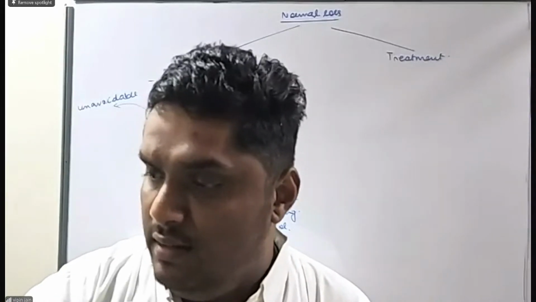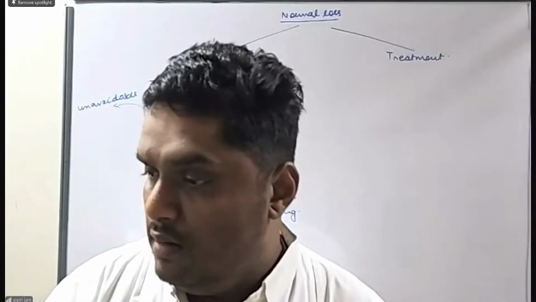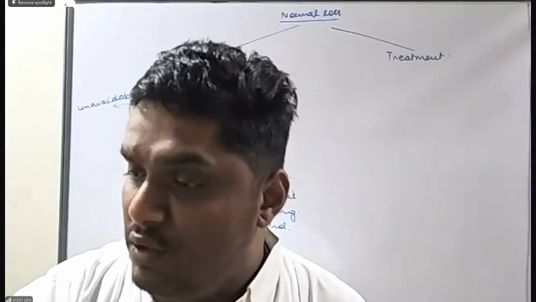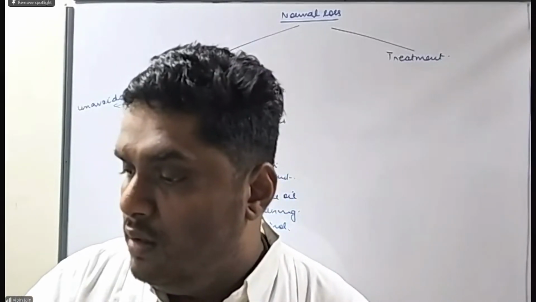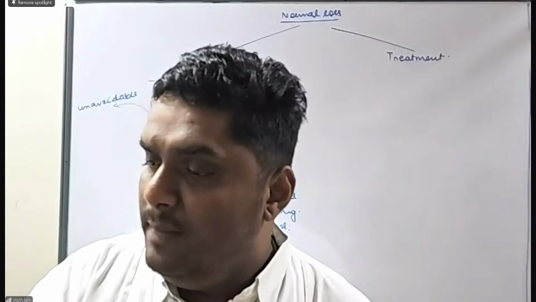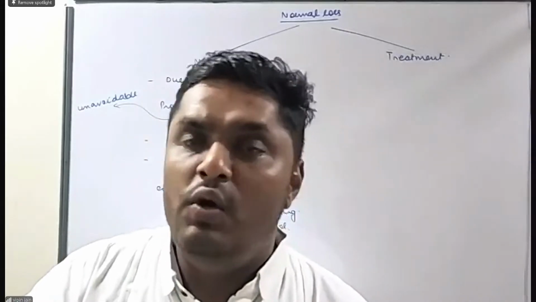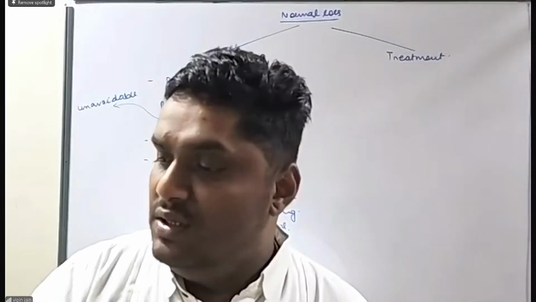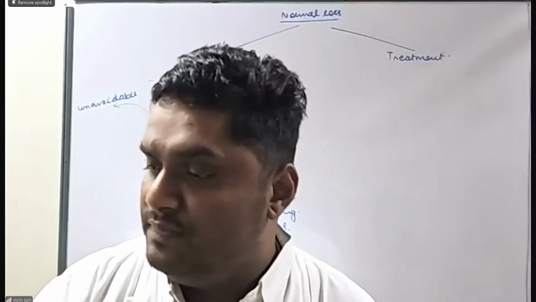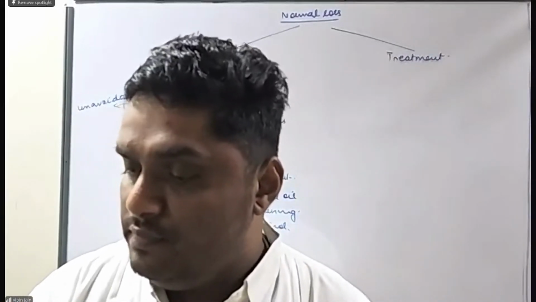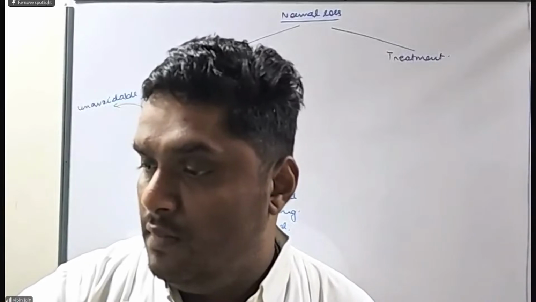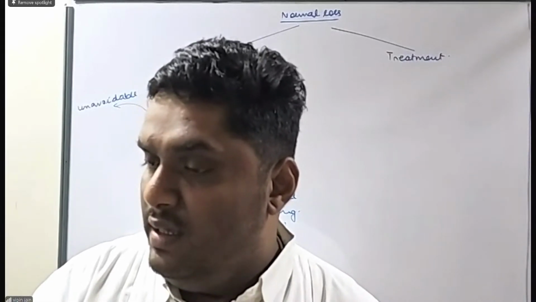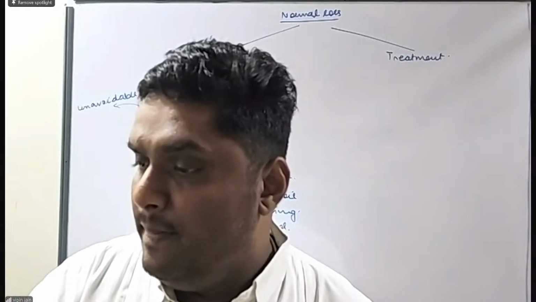Well said. Naveen Kumar, but what is the normal loss? Yes, Samohini. During the course of loading and unloading of vegetables, a certain percentage is waste. So we can say that is normal loss. Yes, we can say.